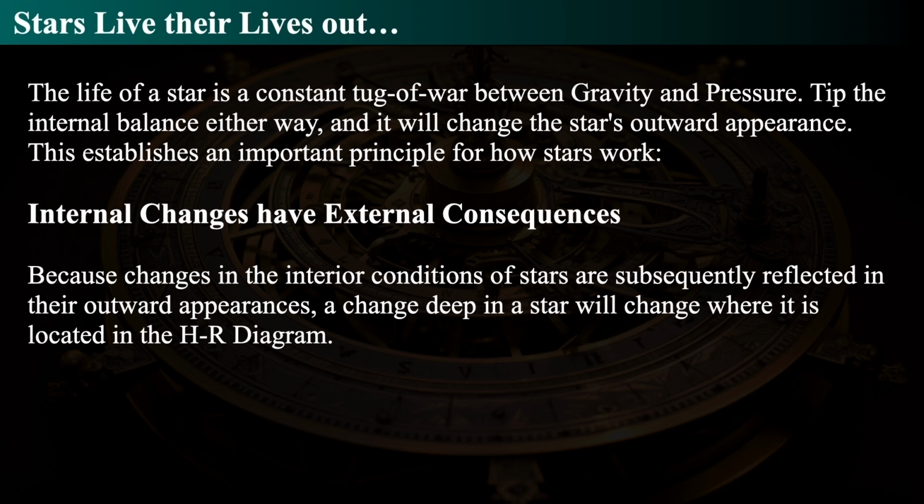And if that happens, the internal changes deep in the core have external consequences, meaning the star changes its brightness and changes its color. And as it does so, that means its position on the HR diagram changes. As a star runs out of fuel in its core, deep in the star, that changes how it appears to us in the sky, meaning its color and its overall luminosity.